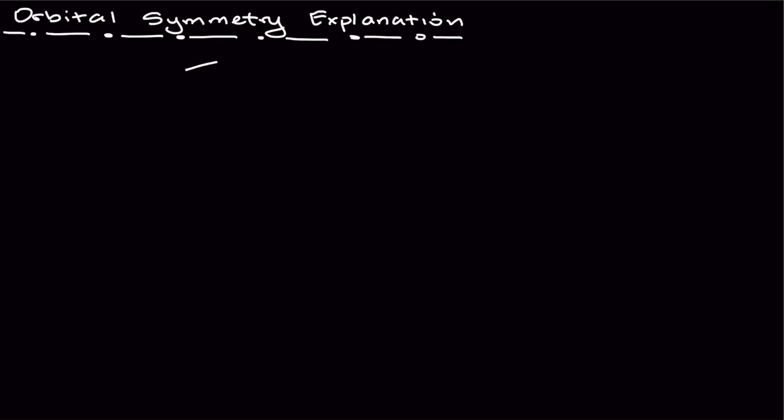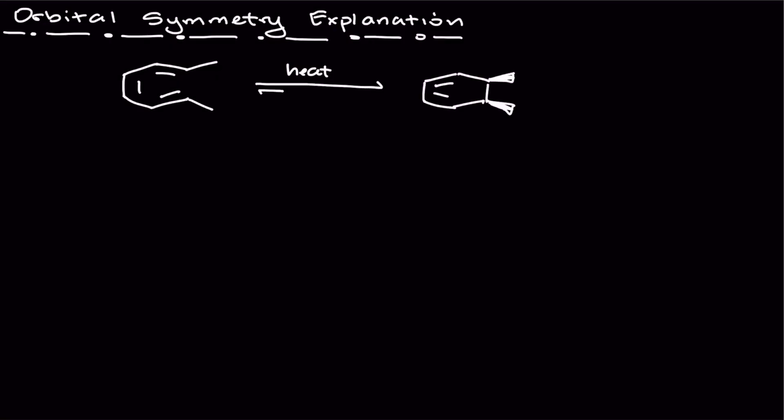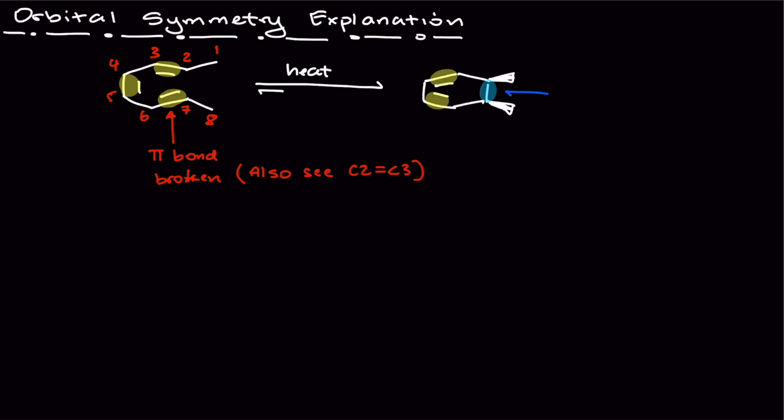So if we take just one of those substrates that we just looked at as an example, and we consider its stereochemical outcome, looking really closely at our reactant, what we could notice is that the pi bonds between 6 and 7 and 2 and 3 has actually been broken, and that's key. And it's from those broken bonds that we get the sigma bond that is formed between carbons 2 and 7.